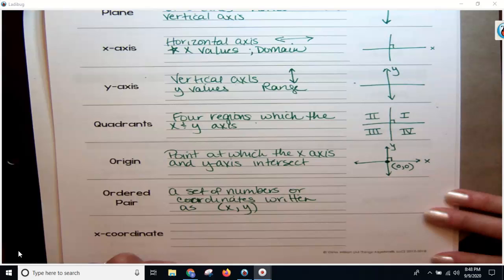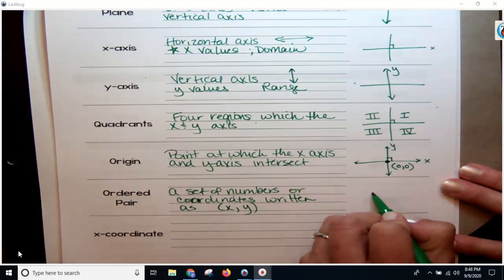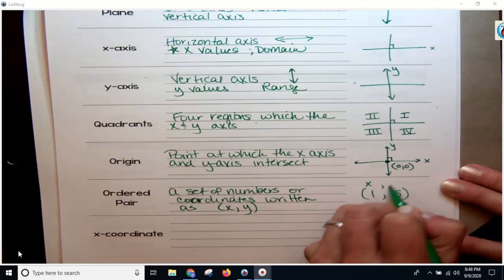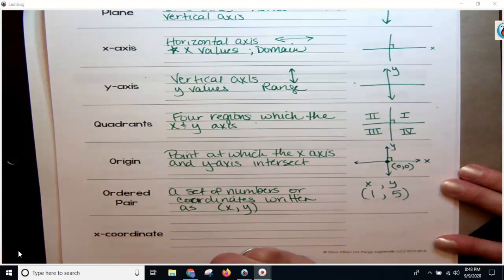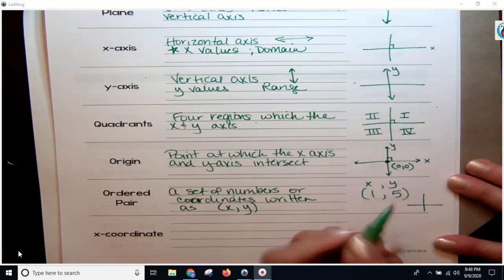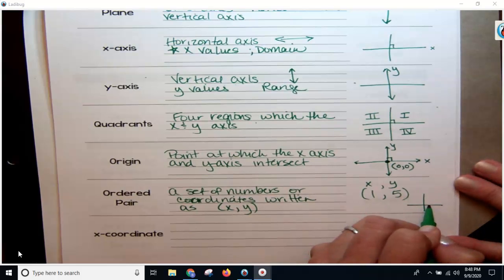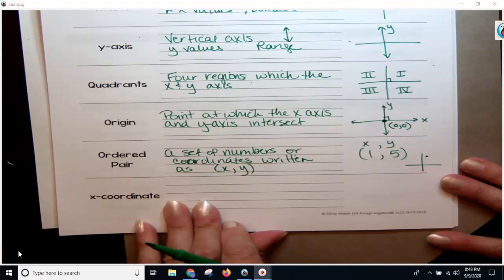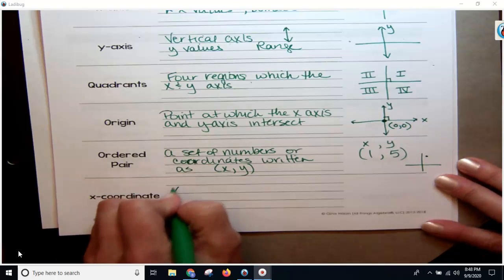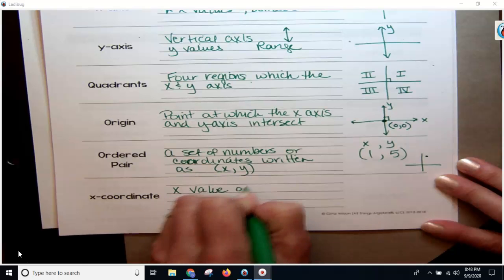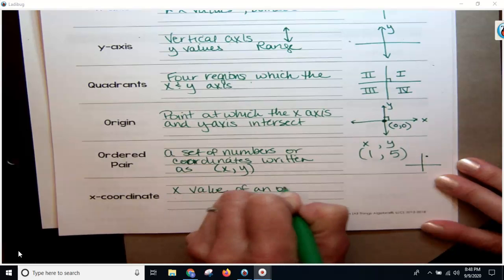All right. So for an example, if you have 1, 5, this is going to be your x coordinate. This is going to be your y coordinate. So for example, on a coordinate plane, you would go to the 1 this way and up 5. All right. Your x coordinate is basically your x value of an ordered pair.